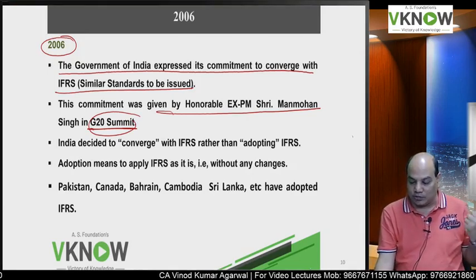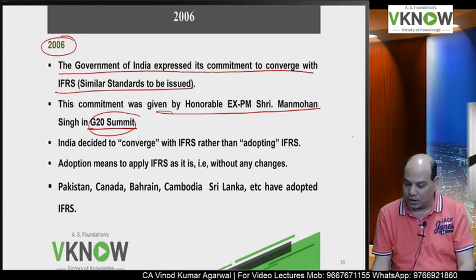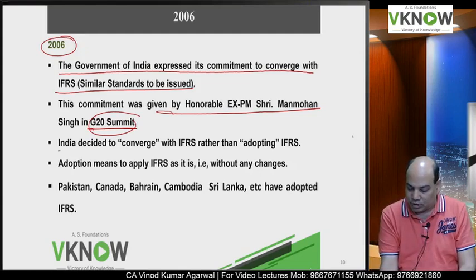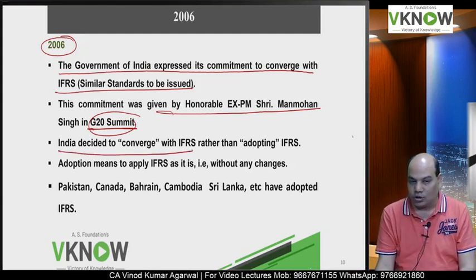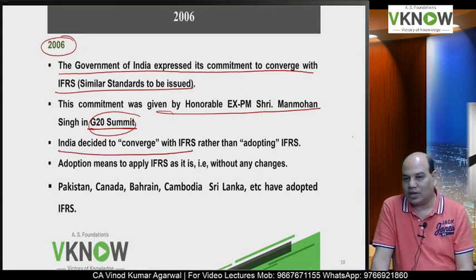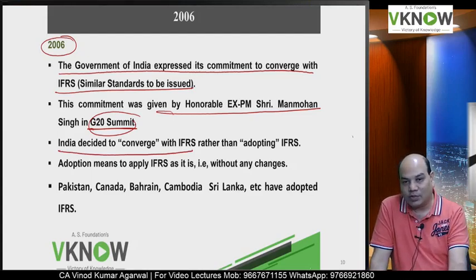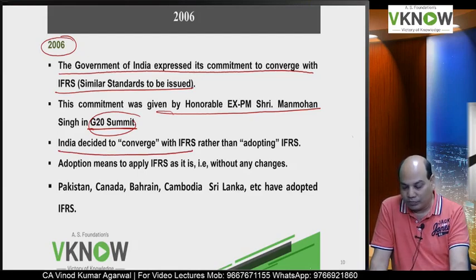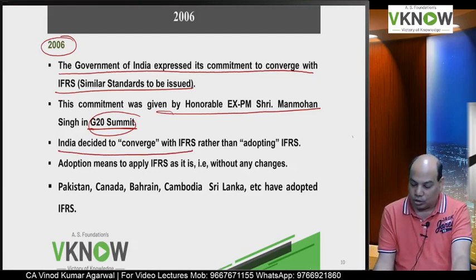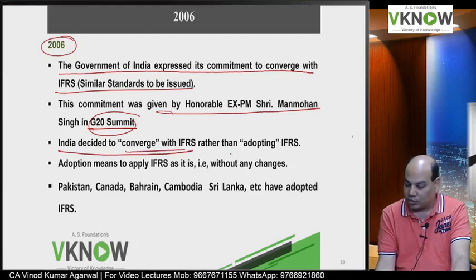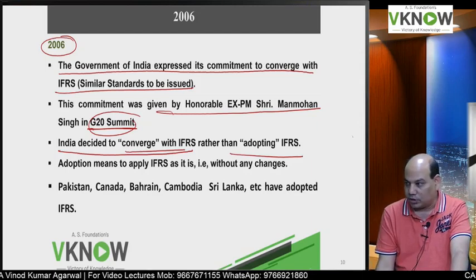So he said, don't worry, we are also going to converge to IFRS. Why did India want to converge to IFRS? Because the Indian economic environment is different from European and other developed countries' economic environment. So we are going to converge with IFRS. We are not going to adopt IFRS.